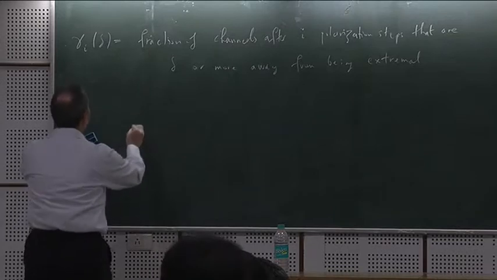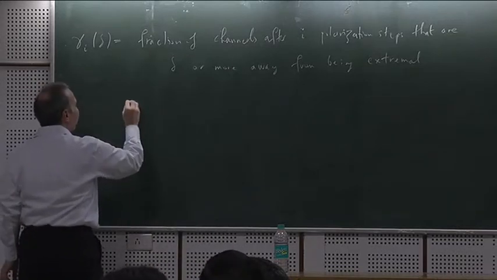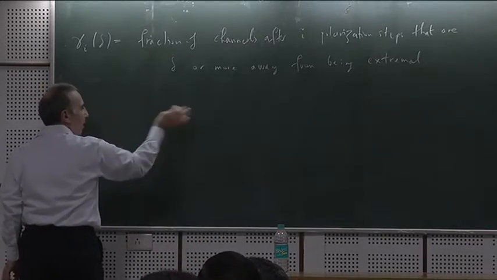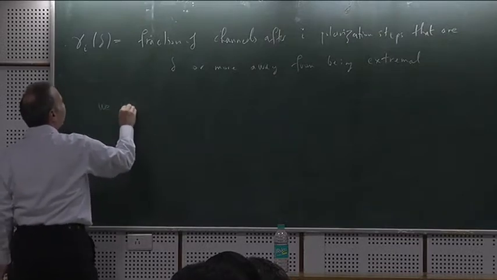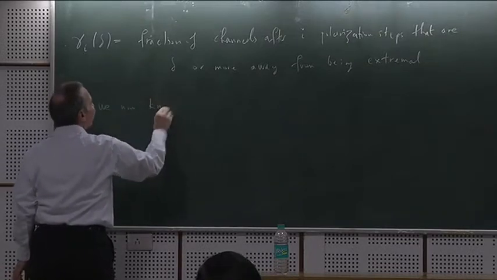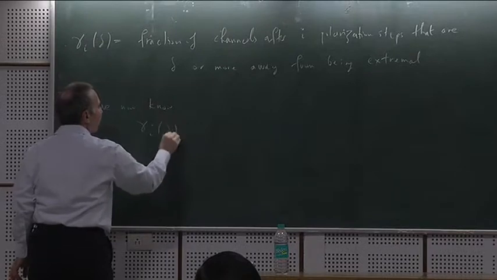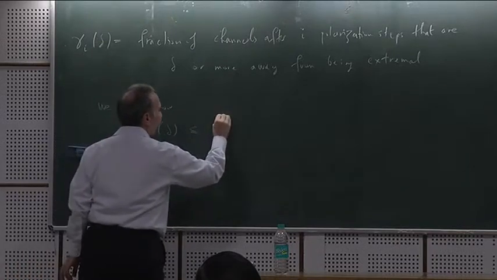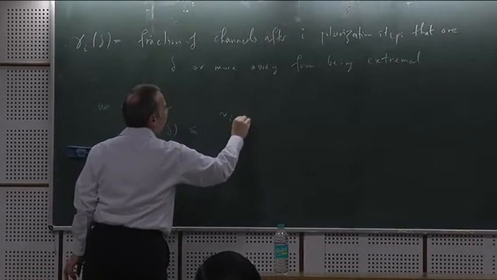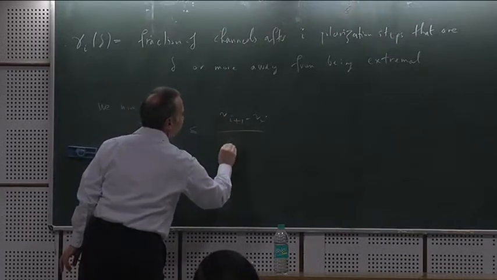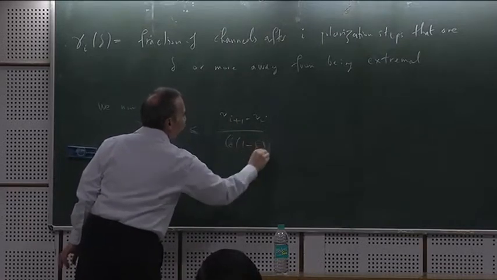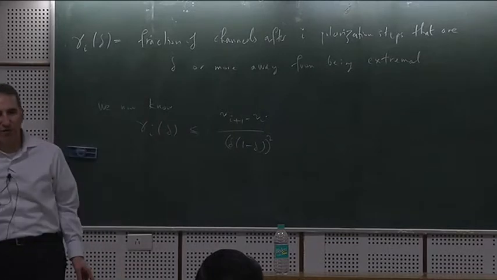We now know the following. So we have shown gamma I of delta is less than nu I plus 1 minus nu I divided by the square of delta times 1 minus delta.